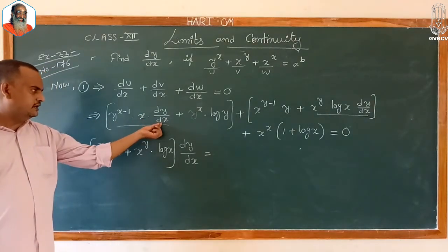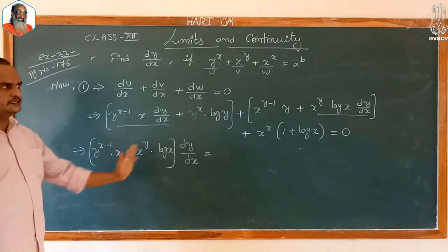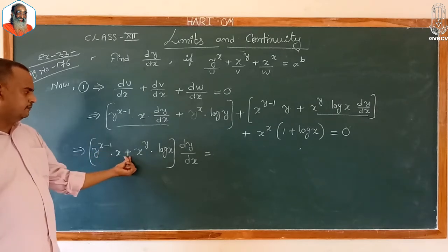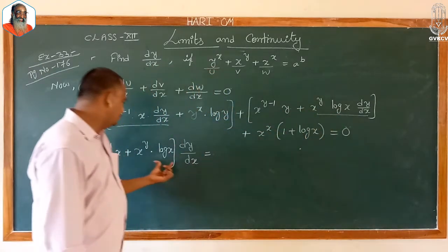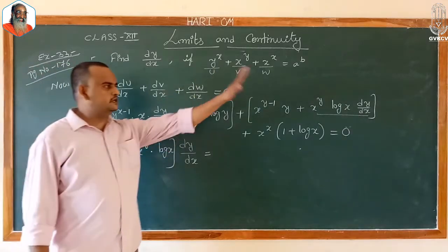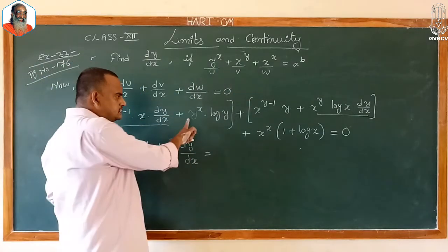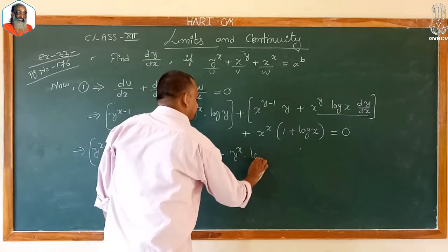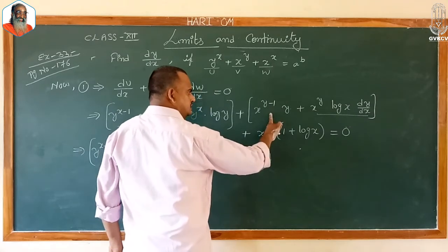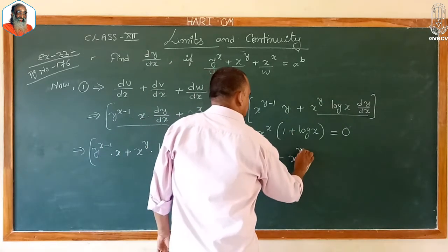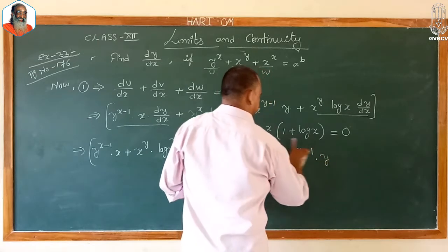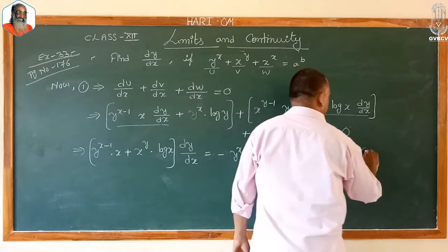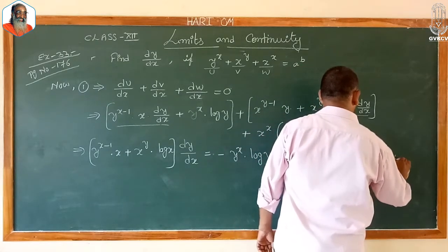Here I have taken dy by dx common, so that y power x minus 1 into x plus x power y into log x I have. Remaining all terms we can send to the RHS. Now this is plus term, goes that side, minus y power x into log y, and this term goes that side, minus x power y minus 1 into y, and this is the plus term goes that side, minus x power x into 1 plus log x.